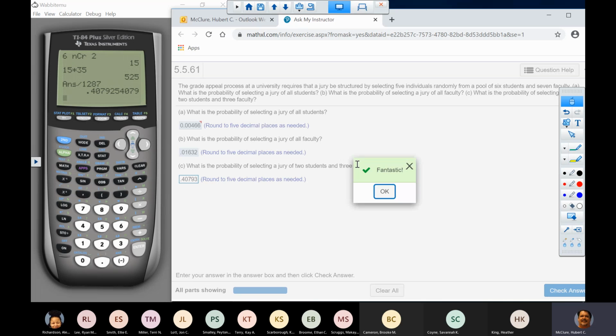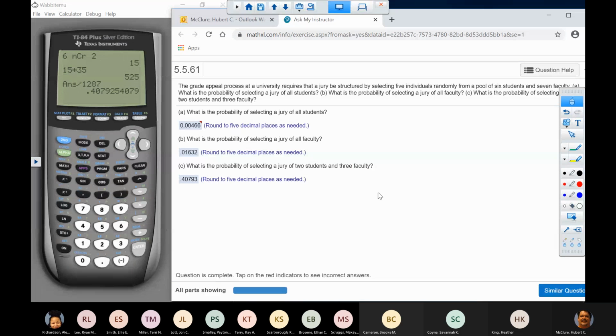And you feel good about yourself. Now, in all fairness, that probably is the most difficult question that you could do in this section, 5.5.